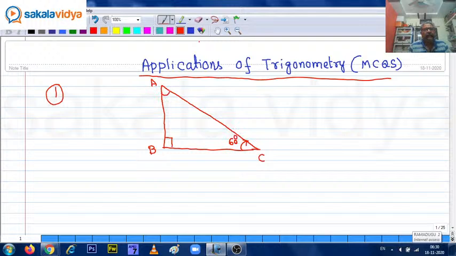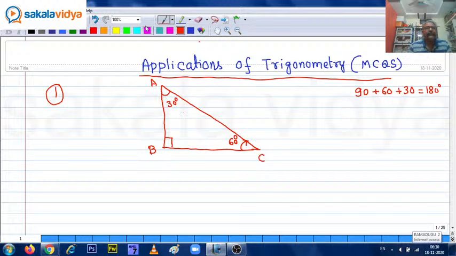Obviously, this angle will be 30 degrees, because 90 plus 60 is 150, and the total sum of the angles is equal to 180 degrees. So these two angles are complementary angles: 60 plus 30 is equal to 90.